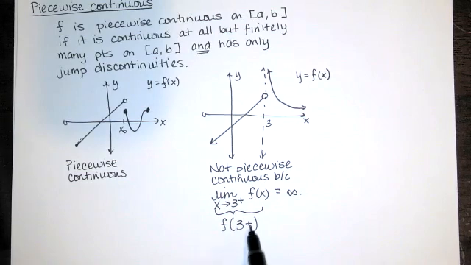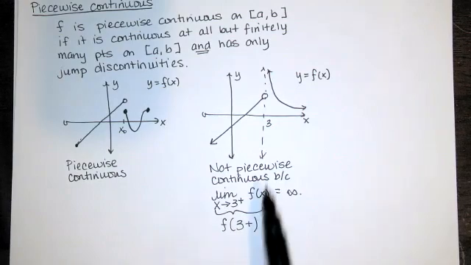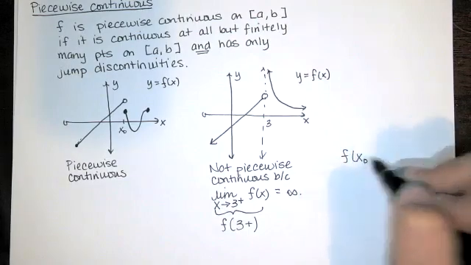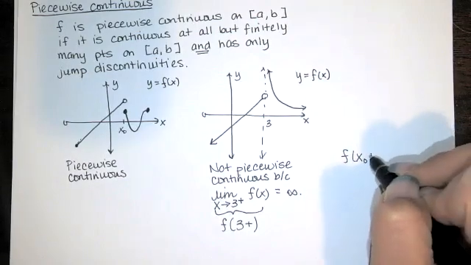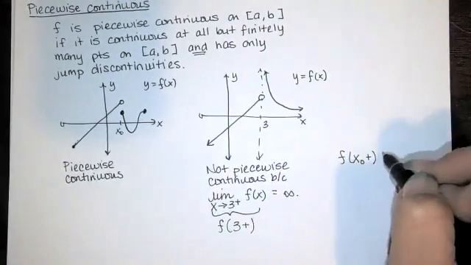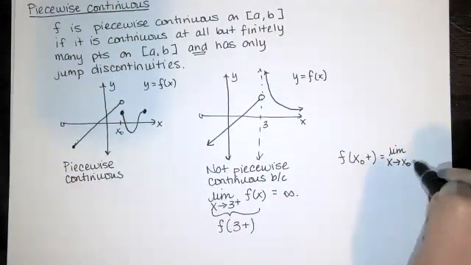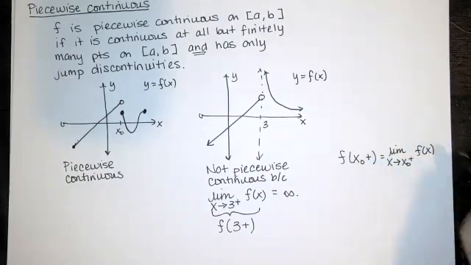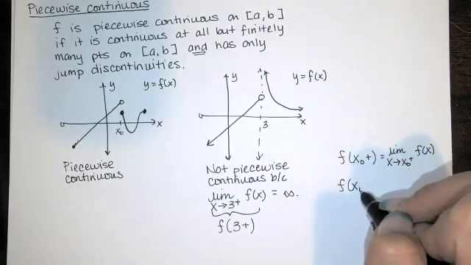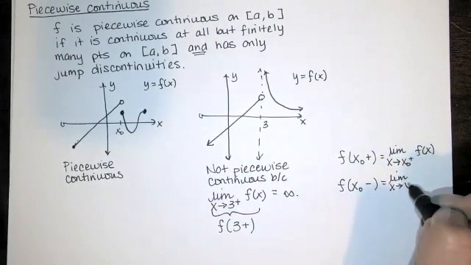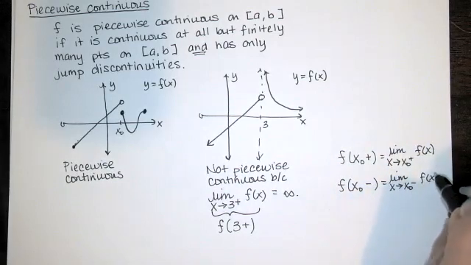Since the limit as x approaches 3 from the right does not exist or is infinite, this function here is not piecewise continuous. So let me just write this down. This notation represents the limit as x approaches x naught from the right. And this notation represents the limit as x approaches x naught from the left.